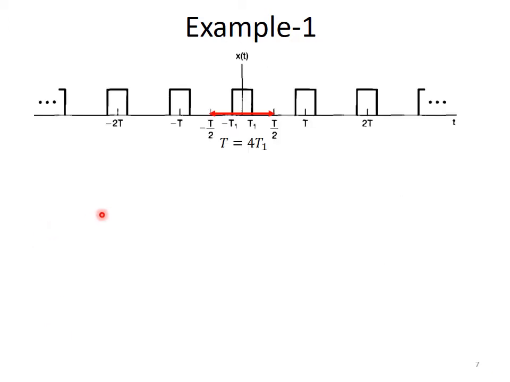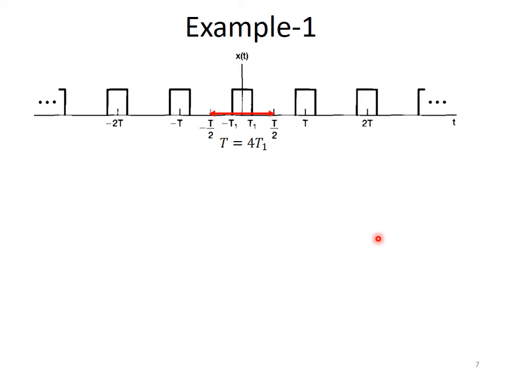Now in this function, t is basically equal to 4t1, right? Because this is one t1, another t1, and the third t1, and then 4t1. So the function is on for 2t1 and off for 2t1, so it is basically a 50% duty cycle in this square wave.